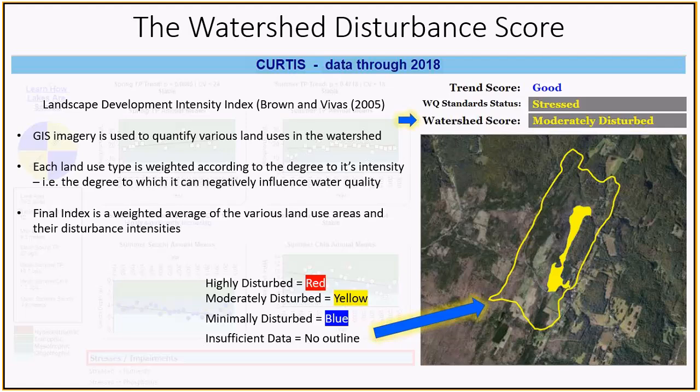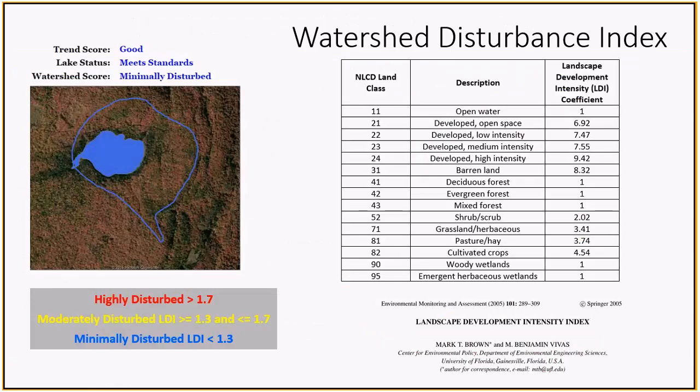And the outline shown on the map in the lower right corner is the outline of the watershed, and the color corresponds to the watershed score. And then we derived our own Vermont-specific thresholds for scoring the watershed index to our good, fair, poor categories by identifying breakpoints in the scored data set.